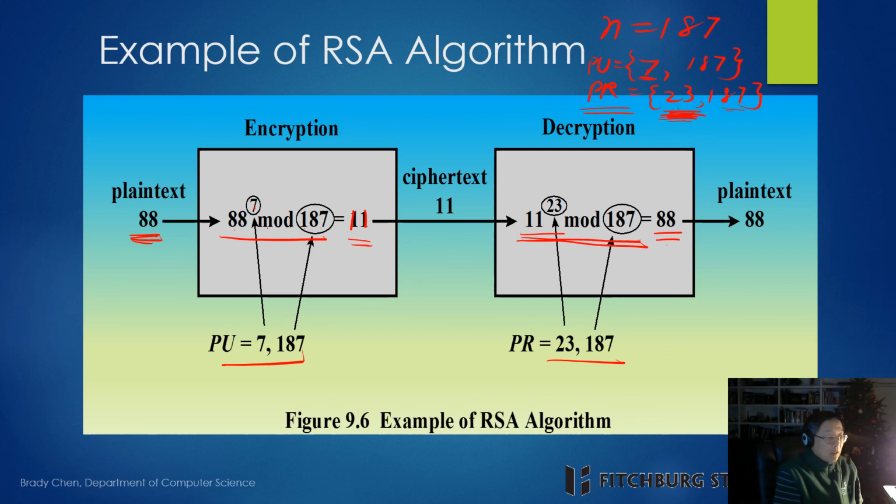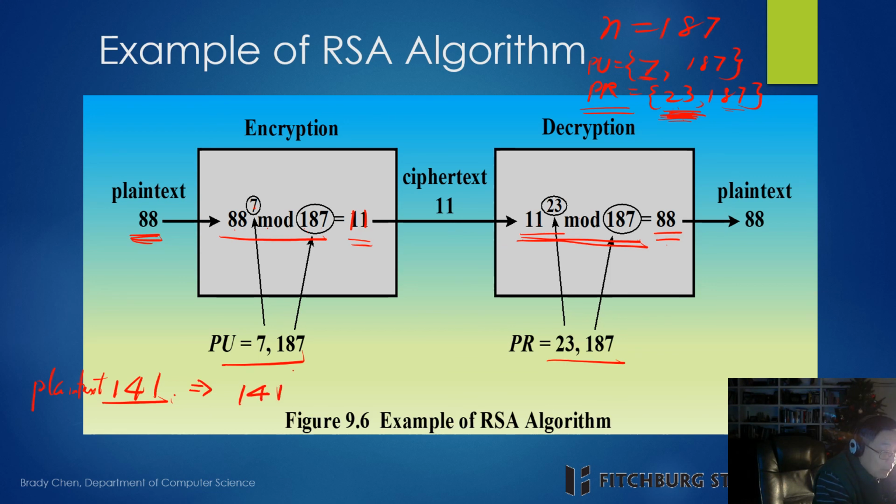Now let's pick another number, say 141. Say the plain text is 141. Now we're going to do the calculation: 141 to the 7 mod 187. And what is this? Again, I can leave that question to you.